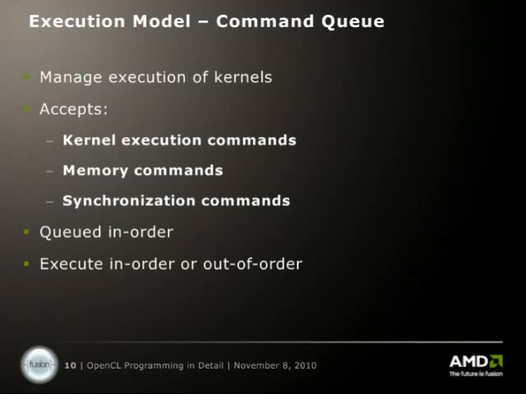You use these command queues, one per device, to queue up kernels, memory or data transfer operations, and also synchronization operations. OpenCL supports both in-order and out-of-order execution command queues.